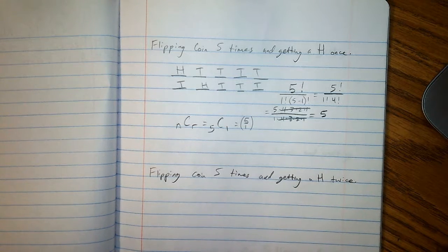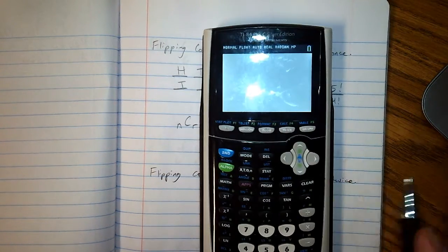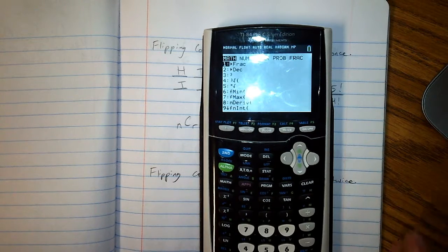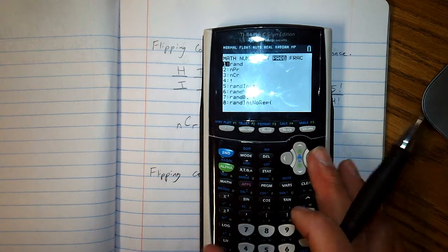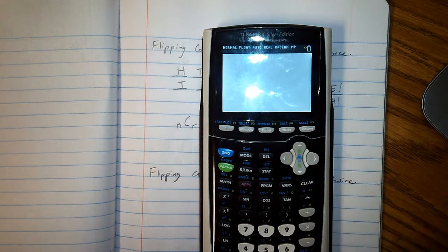On our calculators, if you go to the Math button and you scroll over to Probability, go down to number 3, it should give you this. Type in 5, 1, and it gives you the answer.